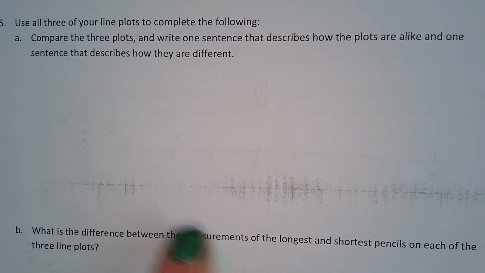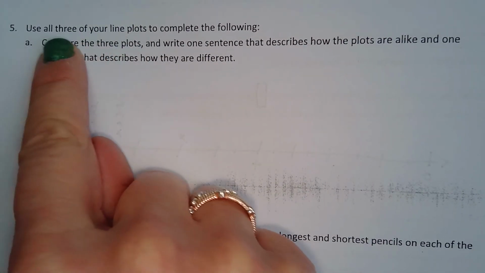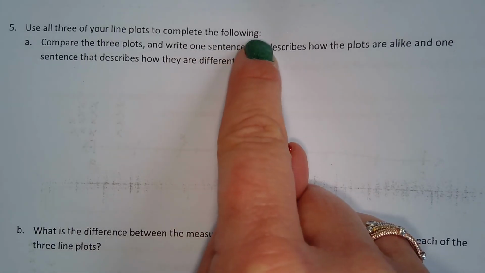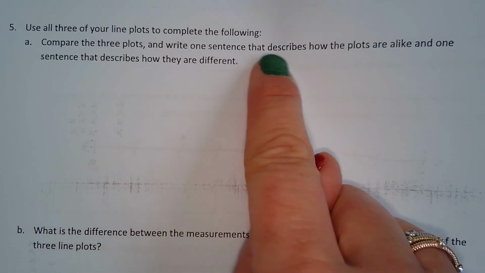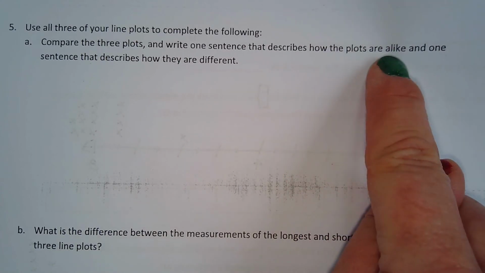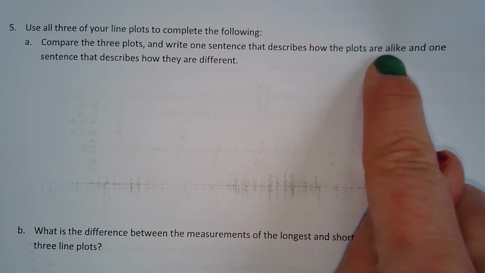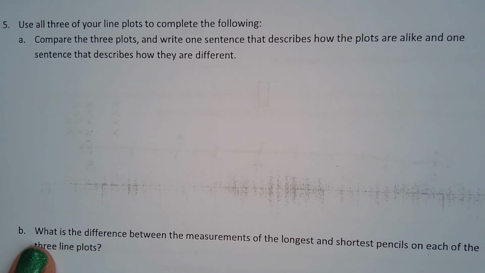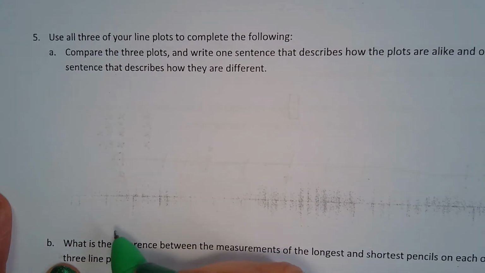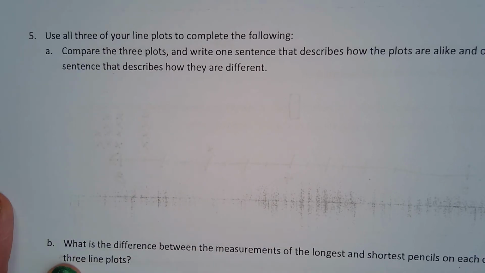All right, use all 3 of your line plots to complete the following. Compare the 3 line plots and write 1 sentence that describes how the line plots are alike, and 1 sentence to tell me how they are different. So let's kind of do this together, shall we?